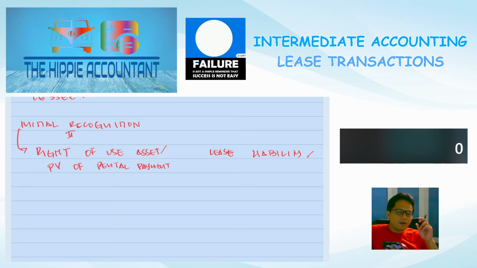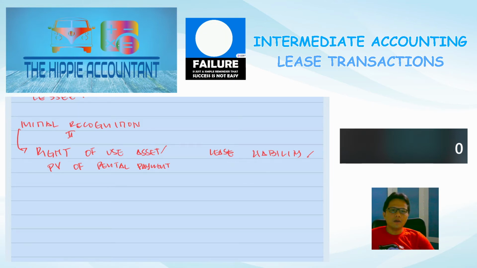So, kumbaga, ang concept lang yan, initial direct cost siya if that particular expense is nagkaroon lang tayo niyan because merong lease transaction. Kung walang lease transaction, walang cost sana. Okay? That is initial direct cost.